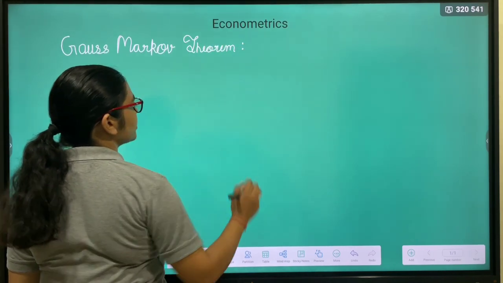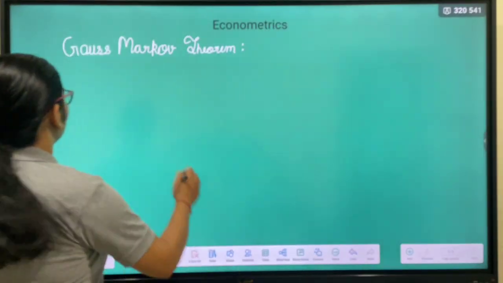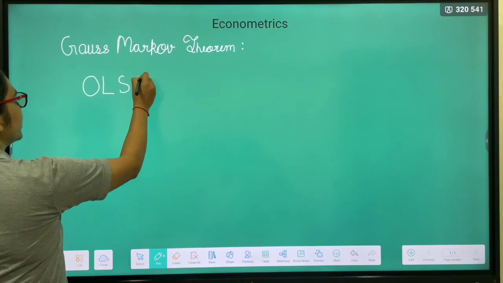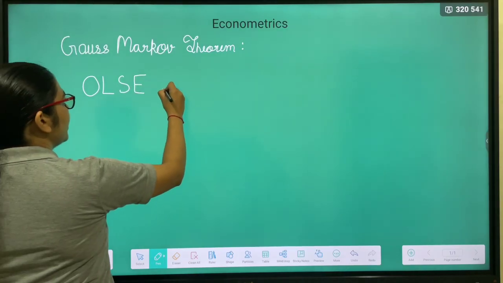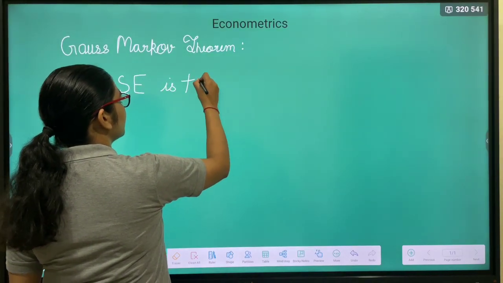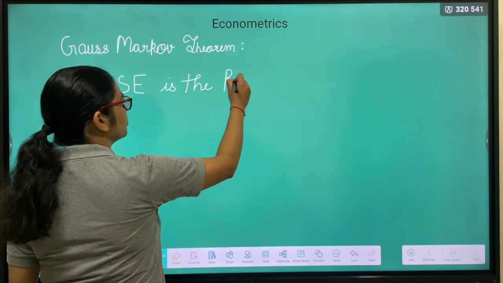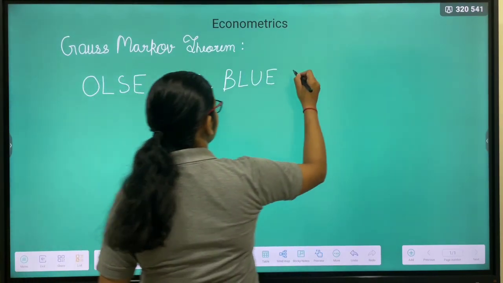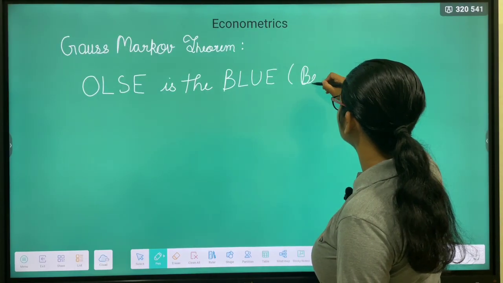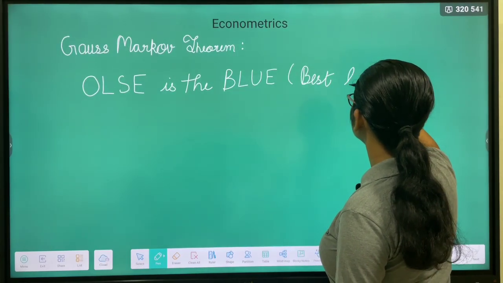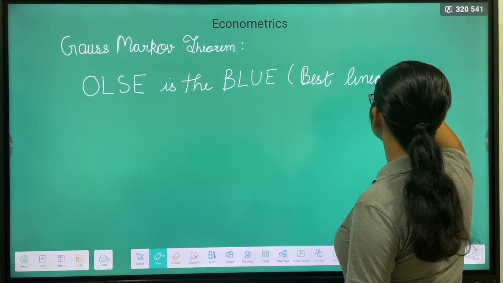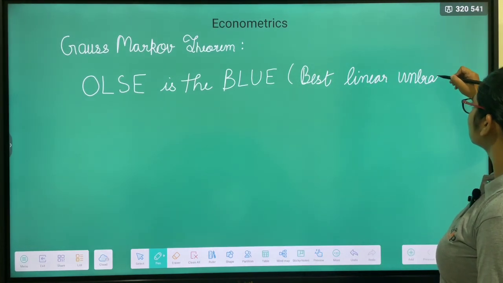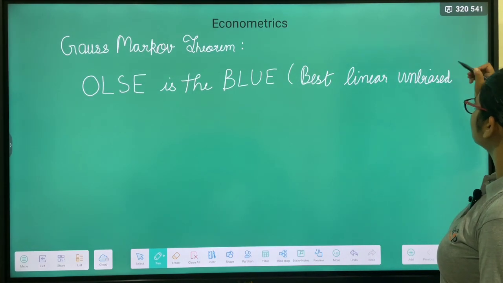Now, what does Gauss-Markov theorem say? Gauss-Markov theorem says that OLSE, which is ordinary least square estimator, is the BLUE, which is best linear unbiased estimator.